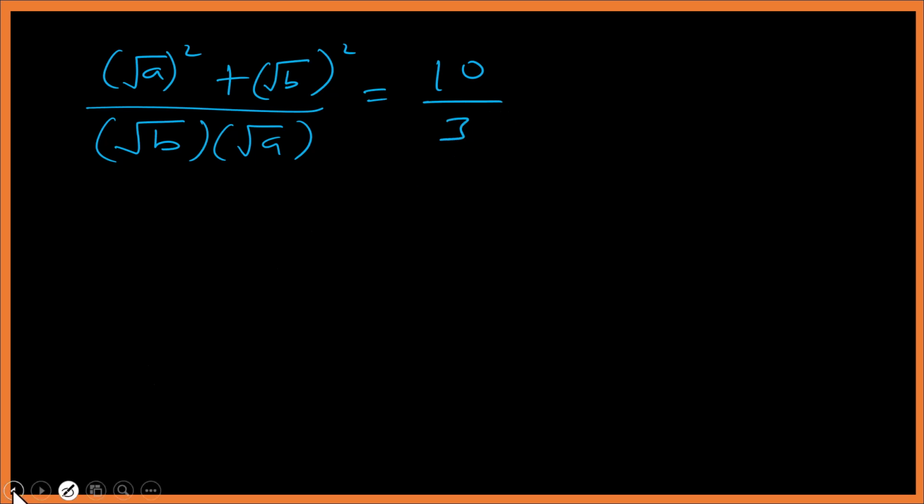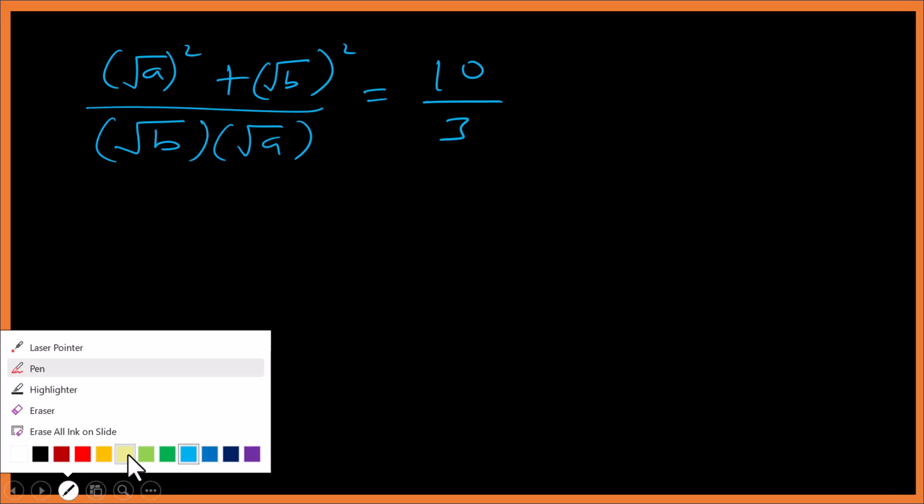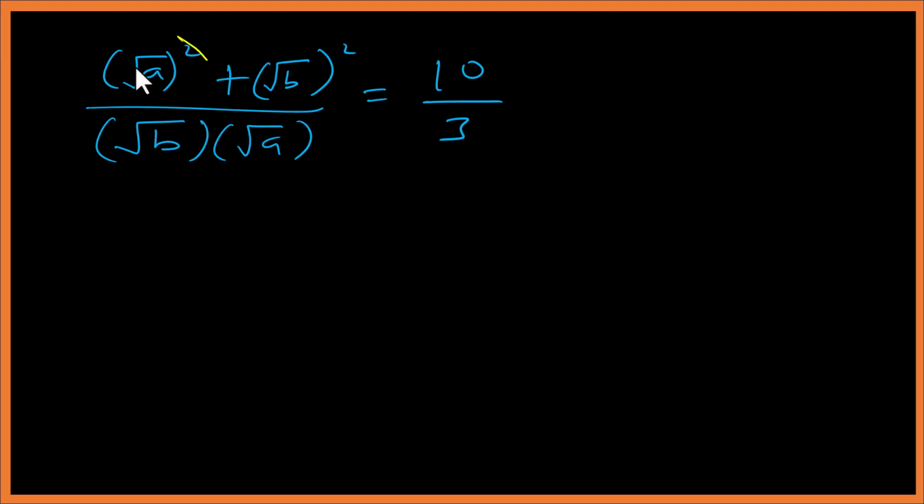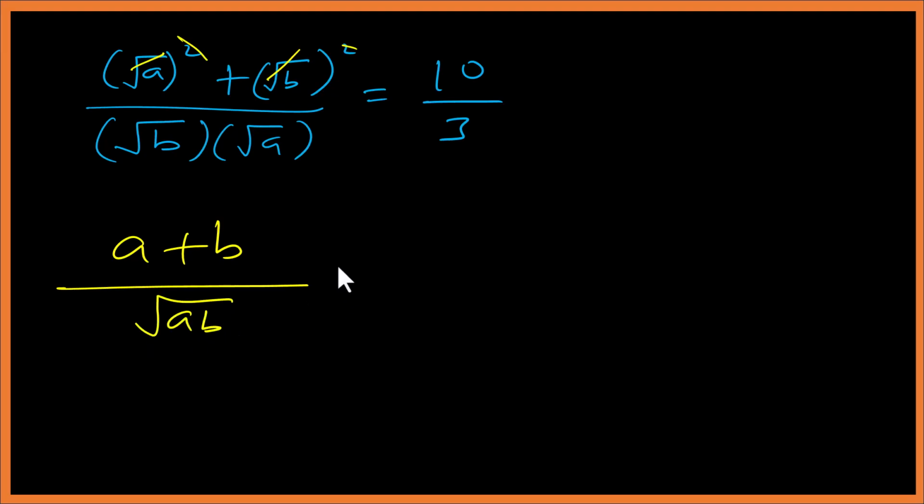Let's verify. Okay. So this side will cancel. The other side will cancel. We'll have a plus b on square root of ab equals 10 on 3.